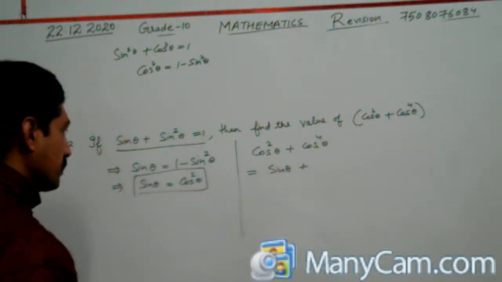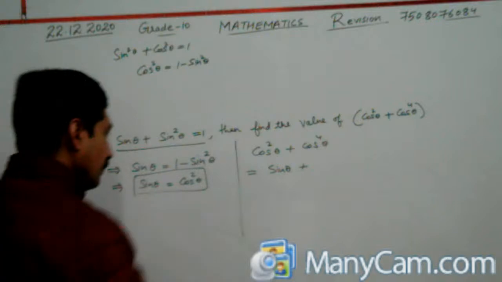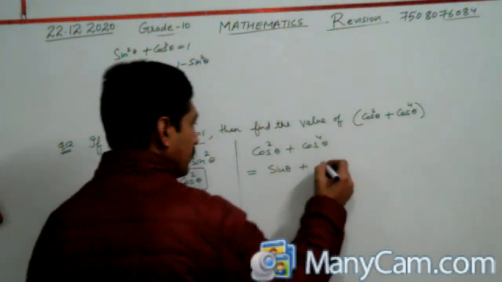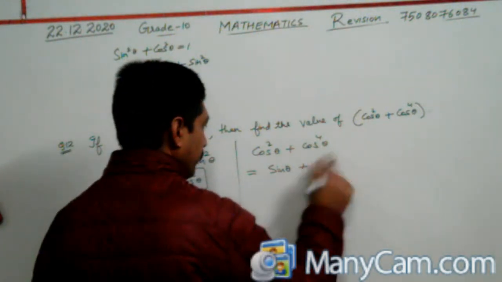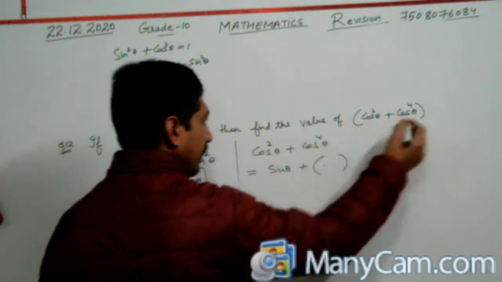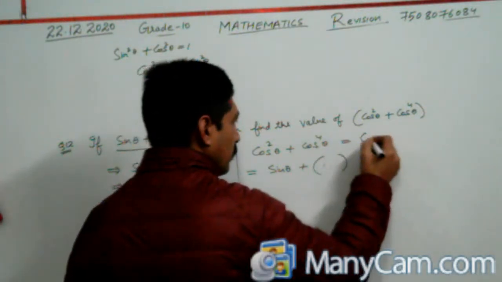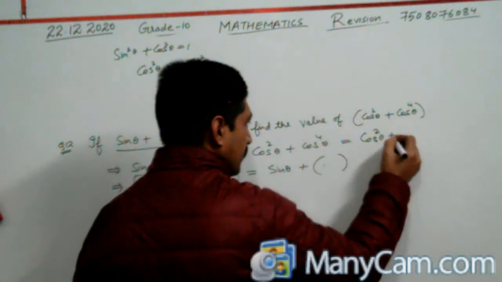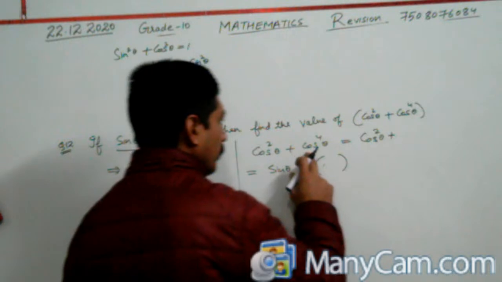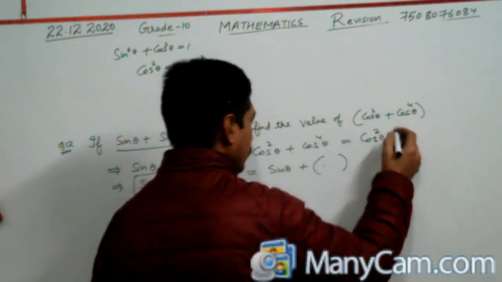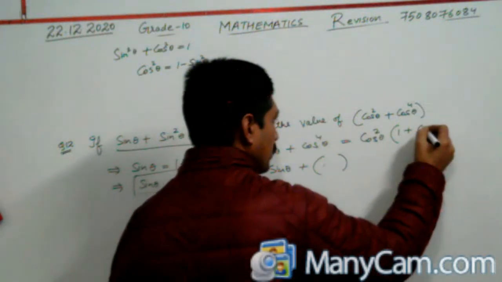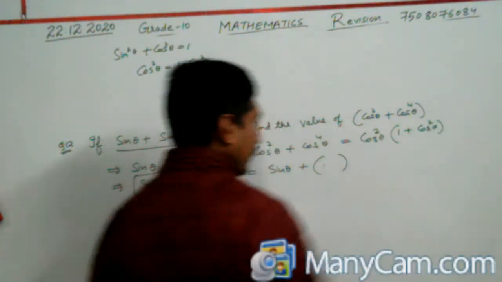So we can substitute here cosine square theta. Again we can write cosine square of theta plus 1 into... in this way also we can write cosine square theta into 1 plus cosine square of theta, right?